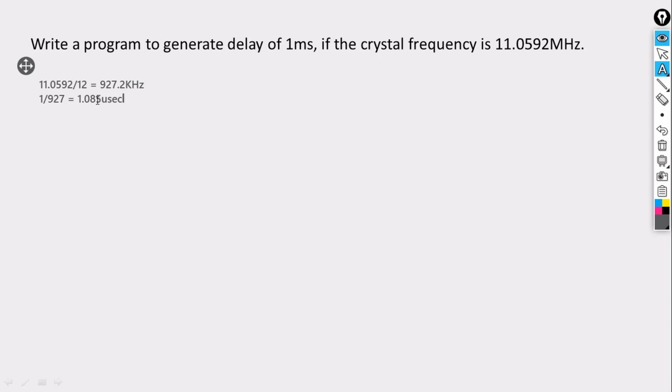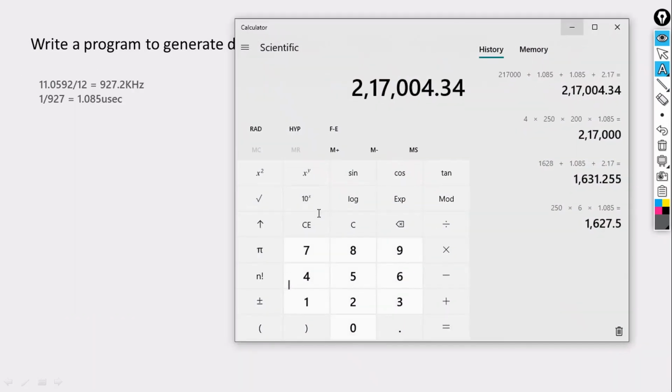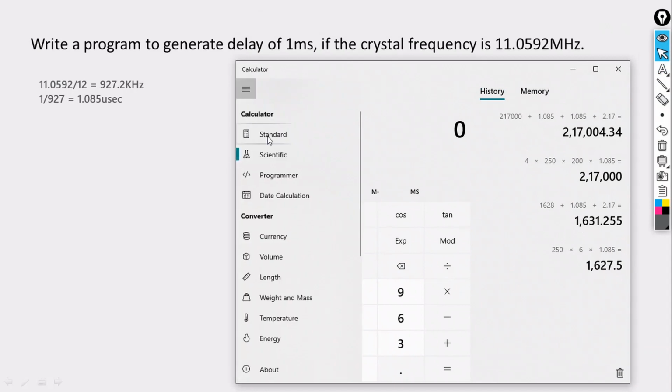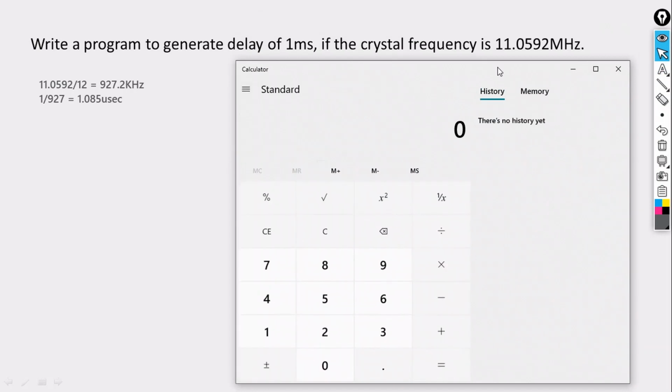If I do 1 millisecond divided by 1.085, I'll get my actual count. So let me open up the calculator again and move back to the standard calculator.